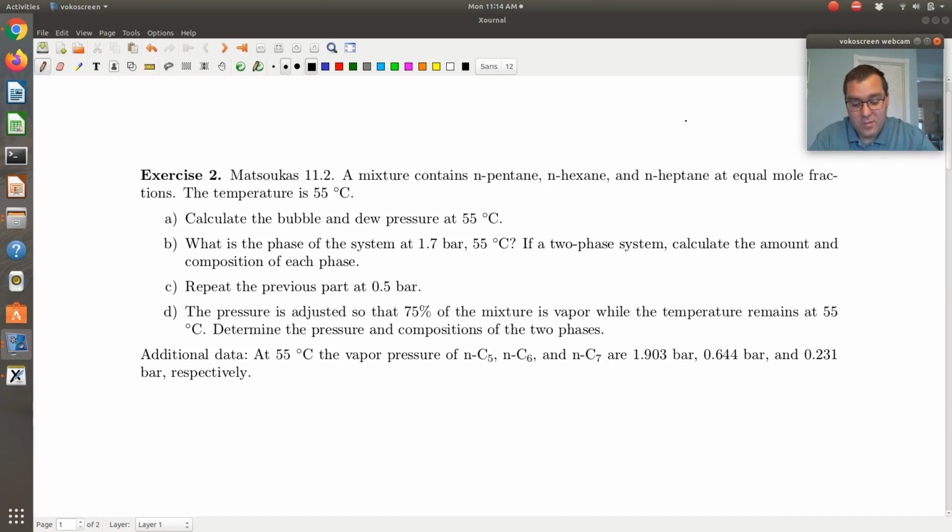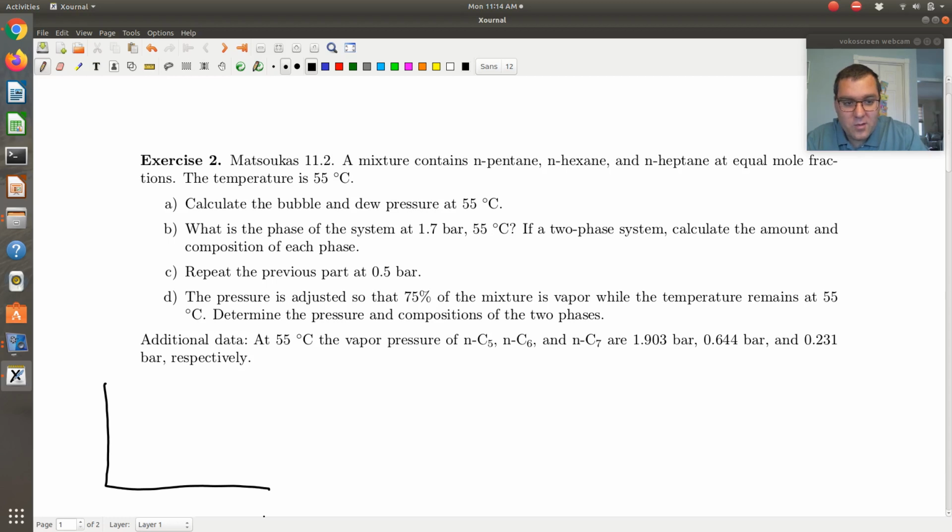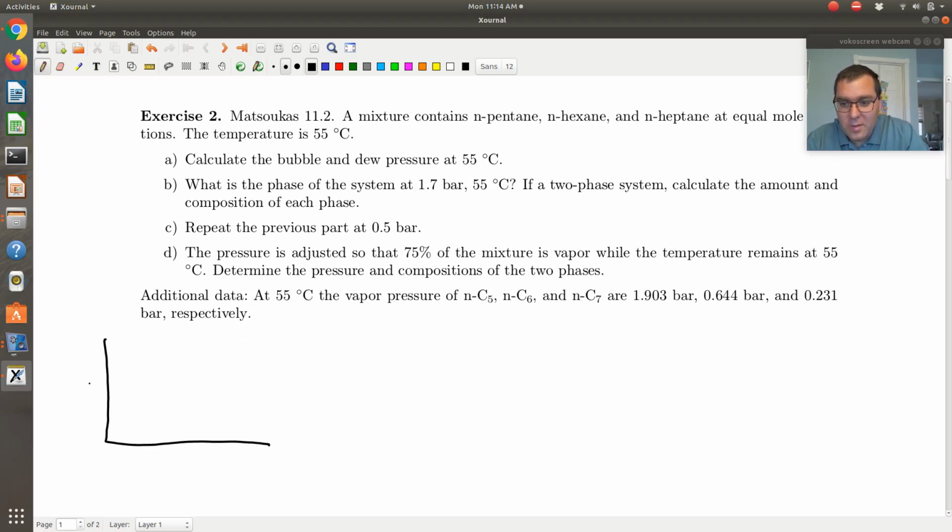So even though I have a three-component system, I'm just going to sketch a little PXY, because the temperature is constant throughout. I'm going to make a PXY sketch for a binary system, just to remind myself of what's going on.